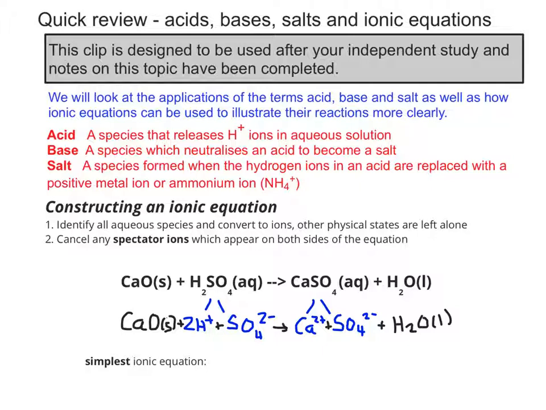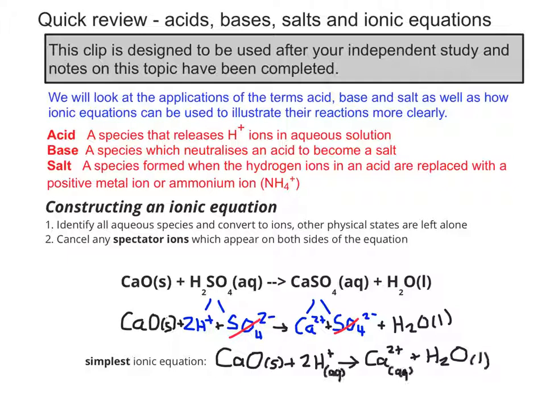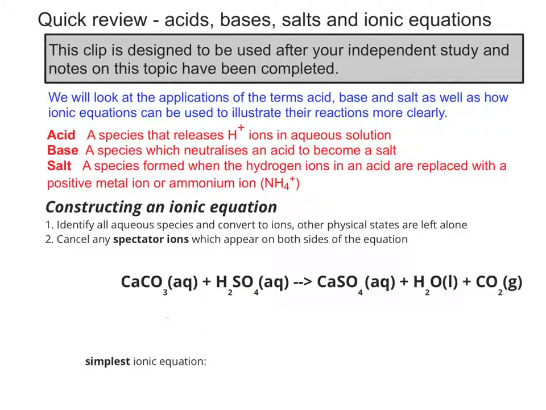So if you look at it closely, you can see that the only thing that can be cancelled is the sulfate ion. So we cancel that out on both sides, and that gives us calcium oxide as a solid reacting with 2H+, giving you Ca2+ and H2O, not forgetting our state symbols, of course.